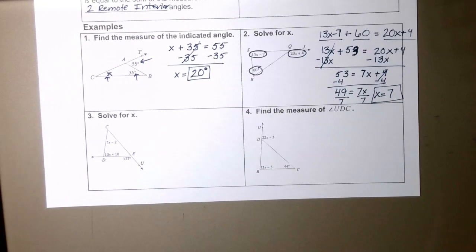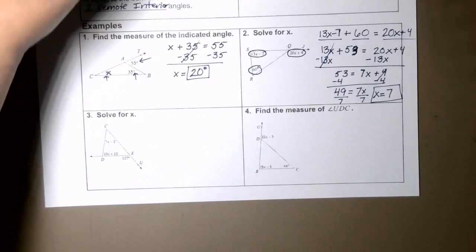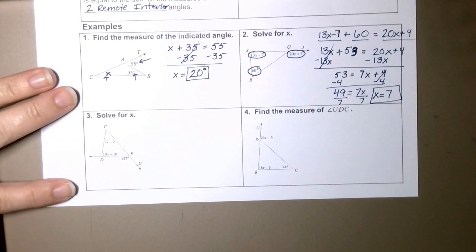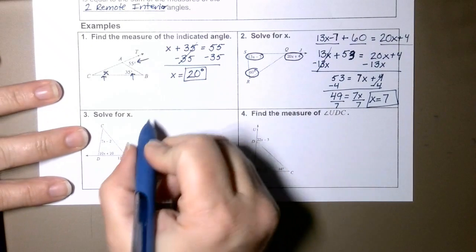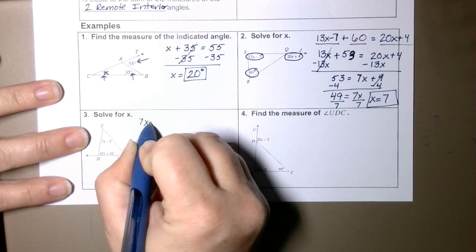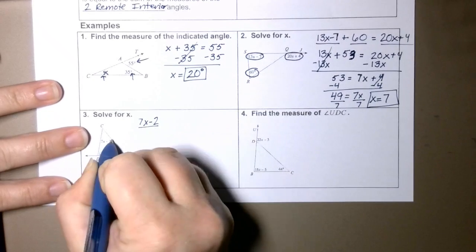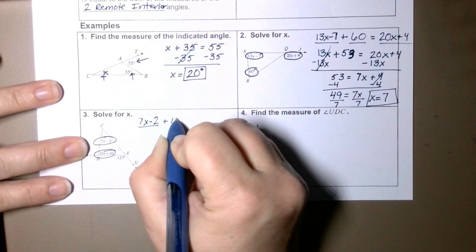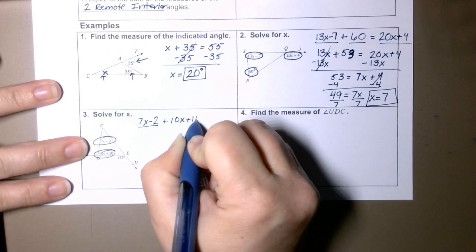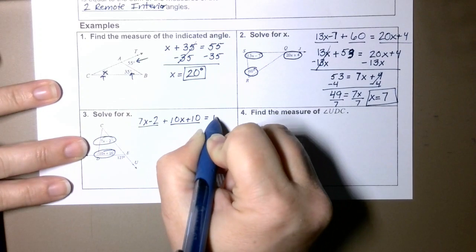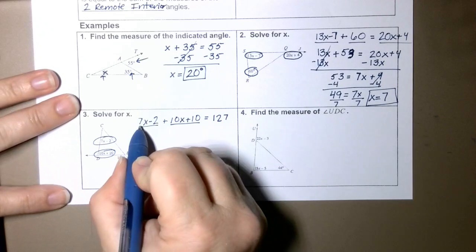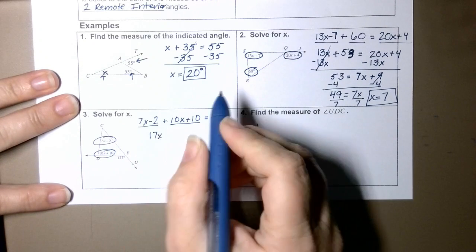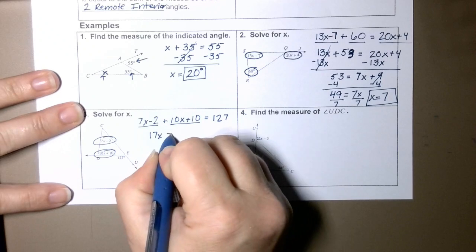Same type of problem. Go ahead and try it. So 7x minus 2 plus what? 10x plus 10 equals 127. 7x and 10x are 17x. Negative 2 and positive 10 is positive 8.